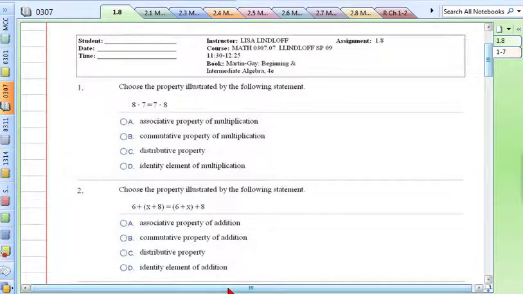It says, choose the property illustrated by the following statement. So, for problem number 1, if you write down 8 times 7 equals 7 times 8, I think it's very, very clear that that's multiplication. Now, which of your properties? Look at the left side, look at the right side, and tell me what's happened.